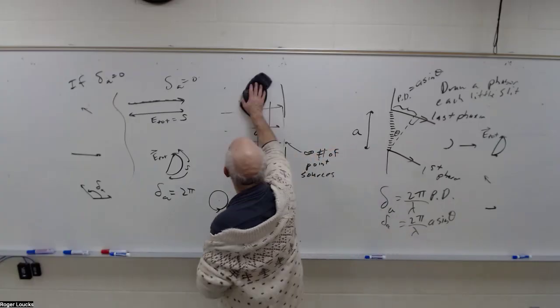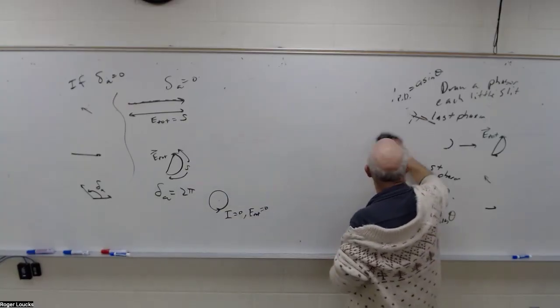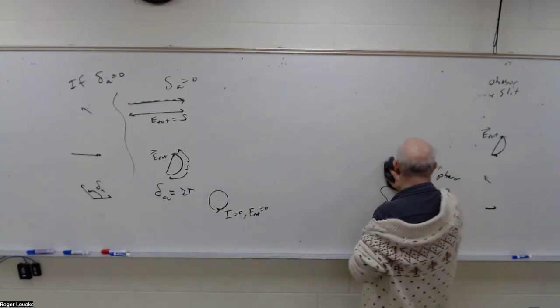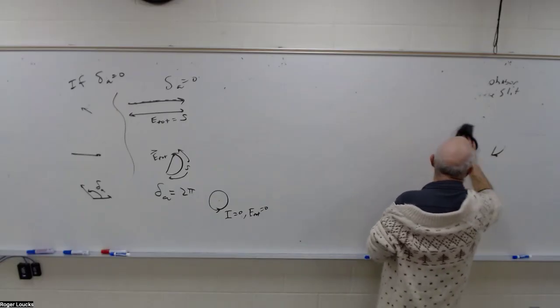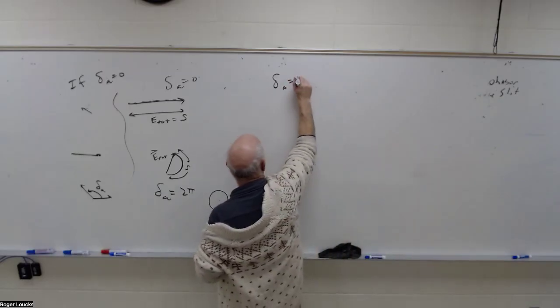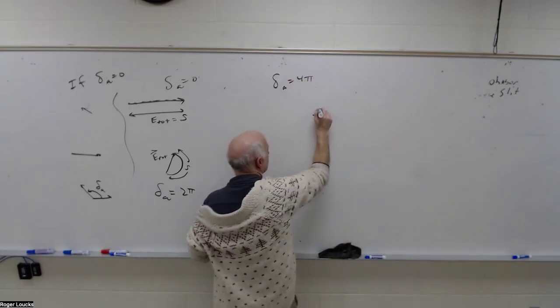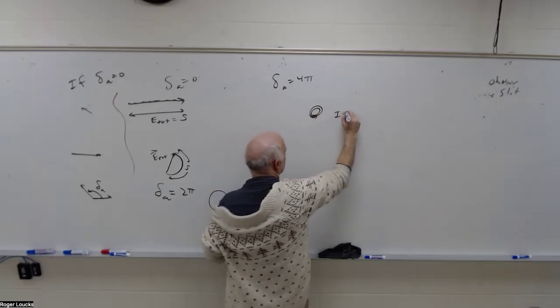What happened here? I had my delta A at 4 pi. Then I'd have once, twice like this. This would be an intensity of 0 as well.